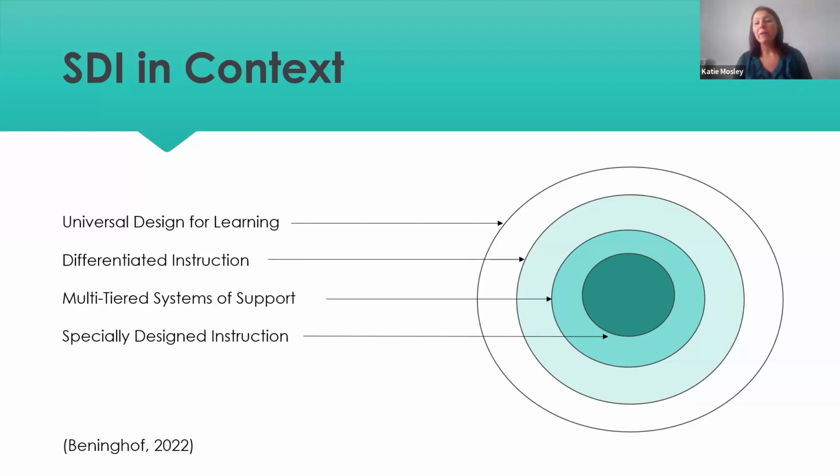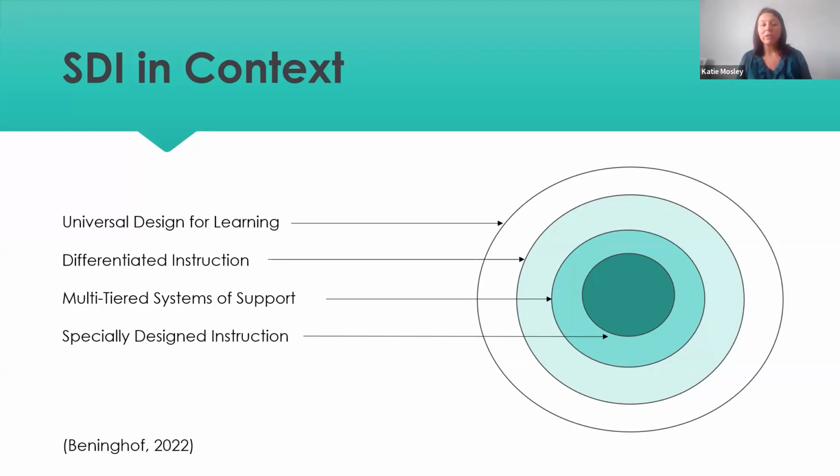If we look at all students in every school, what is available for every student, on the outside of this bullseye, we have universal design for learning. So that's a universal. That means it's for everyone. And universal design for learning is all about removing barriers from the environment to help students learn. So that's an option for everyone. Within that very proactive framework of universal design for learning, we have differentiated instruction.